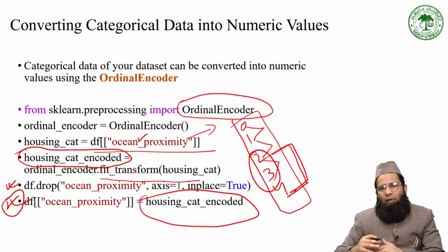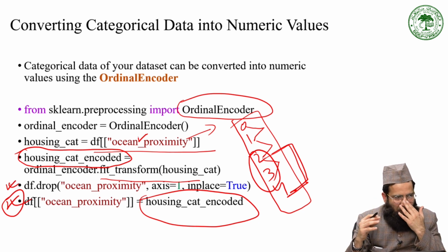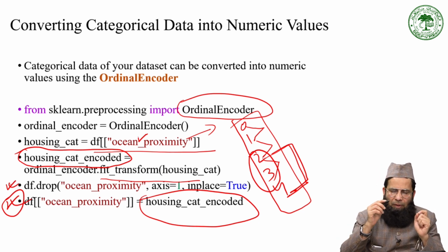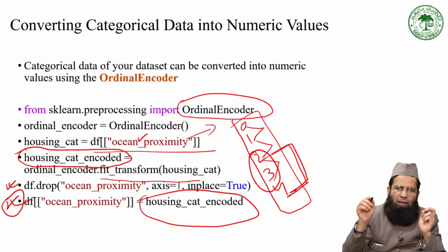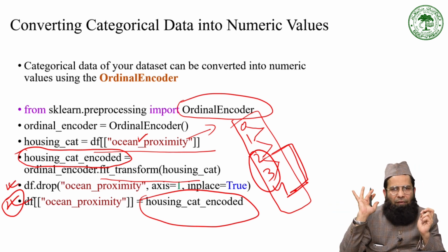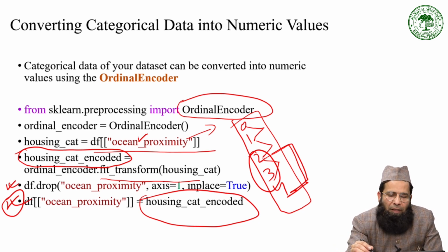So for that purpose, there are other encoders, like the one hot encoder. What it does is create different features. Let's say in your categorical data you have 5 different categories. Internally it would create 5 different variables, let's say x1, x2, x3, x4 and x5, and these are the different categories.